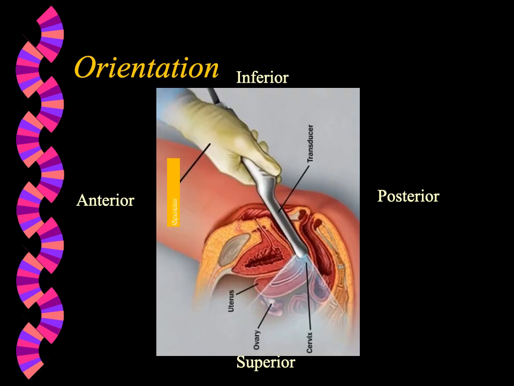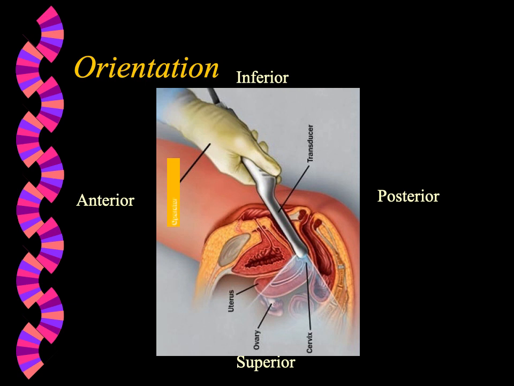Again, here it is, all superimposed. So the probe is in the vagina, we see the uterus, we see the bladder, we see the rectum. So hopefully this slide will keep you oriented as you do your transvaginal ultrasound.